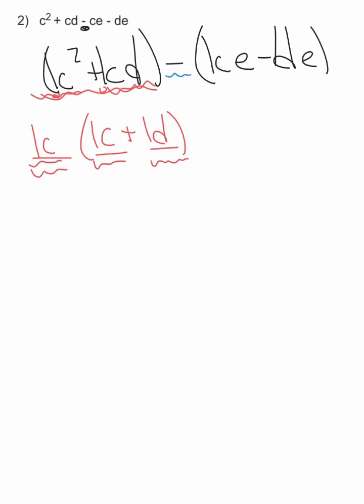Okay, and then we have a minus here, so we're going to put a minus or a negative sign. Greatest common factor, two terms, two blanks. So greatest common factor for 1ce and 1de, so definitely a 1, and then they both have the variable e. So first term, take the first term, divide it by the greatest common factor. So now notice this 1, our greatest common factor, is a negative 1.